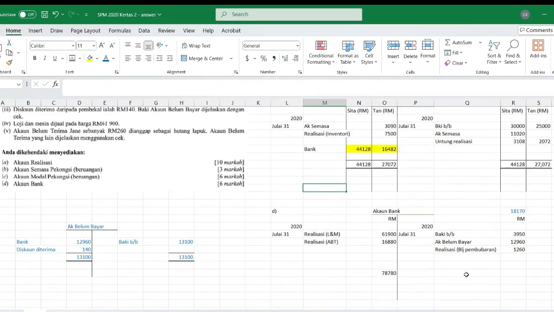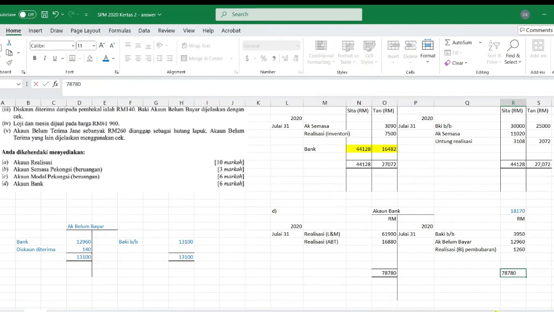So when we check the account bank, it should be able to tally. Okay, so this is debit side. Let's balance at the greater value, 78780. Okay, so what's left in the bank account? They have paid this much, right? Total paid was 18,170. So 78,780 minus 18170.